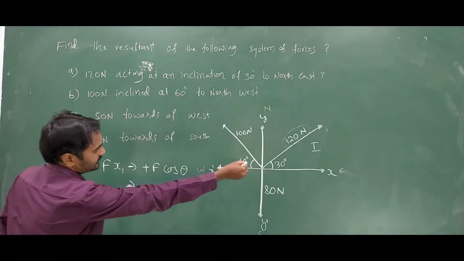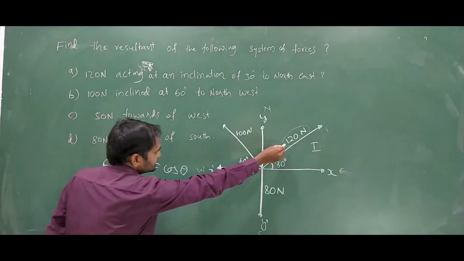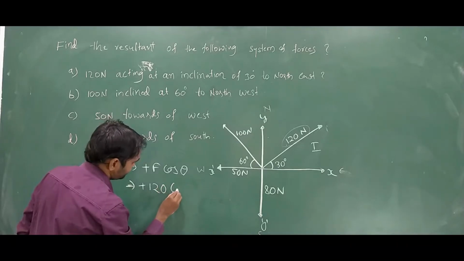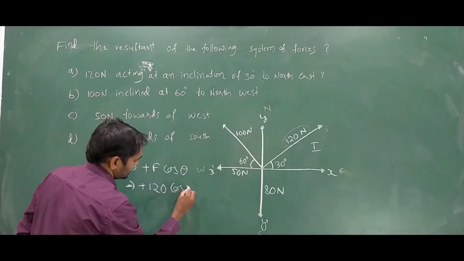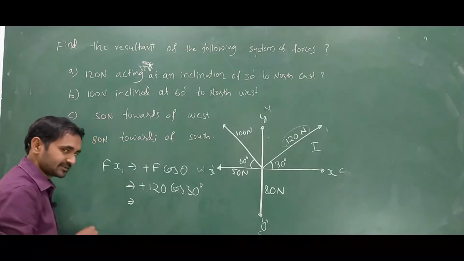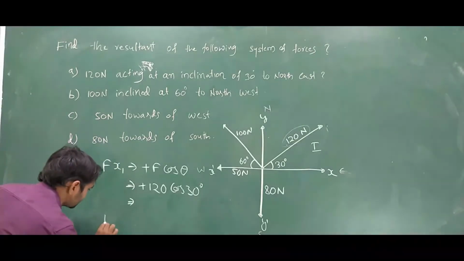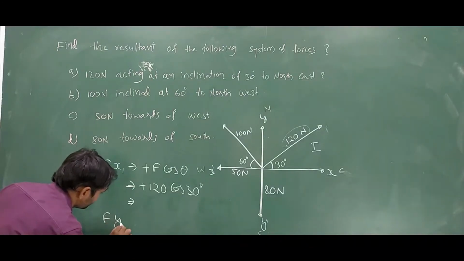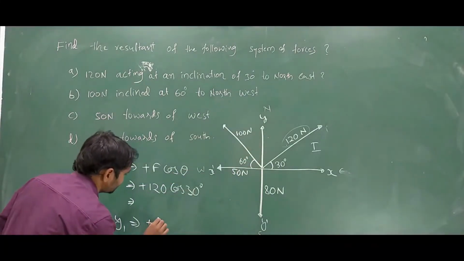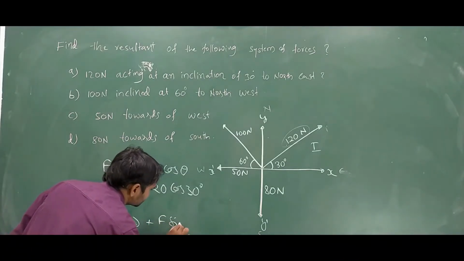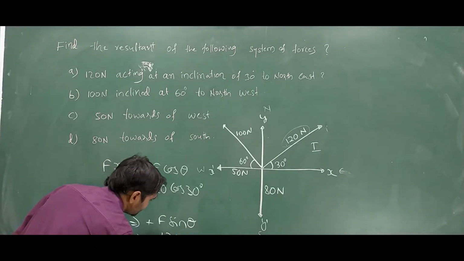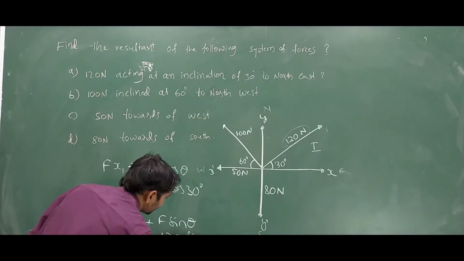So what is the force here? 120, plus 120 cos 30 degrees. Similarly, you can solve Fy1. This is also in the first coordinate, so plus F sin theta, which is equal to plus 120 sin 30.